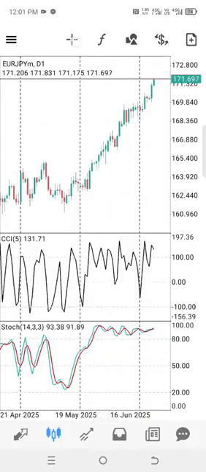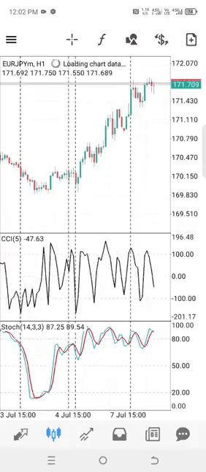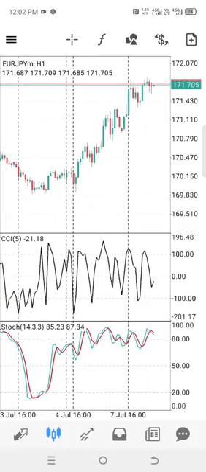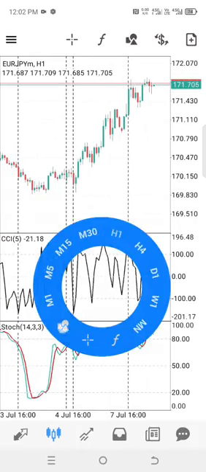Now, how does this strategy work? Very simple, guys. Let's say I'm trying to look out for a buy setup. Remember, we said we're going to be using the scalping time frames. So I'm going to switch to my H1. I'm looking out for a buy setup. All I need to do is to pick my marker.